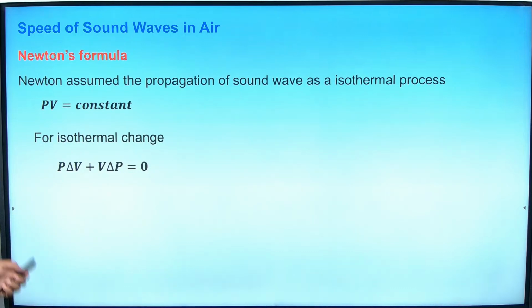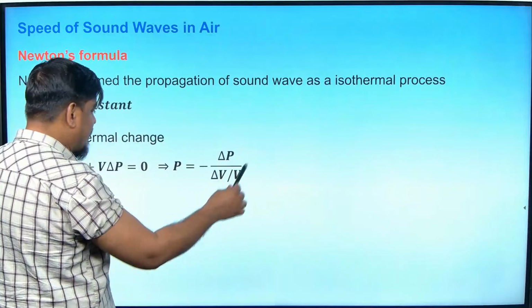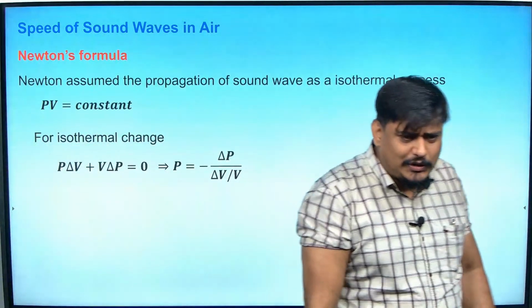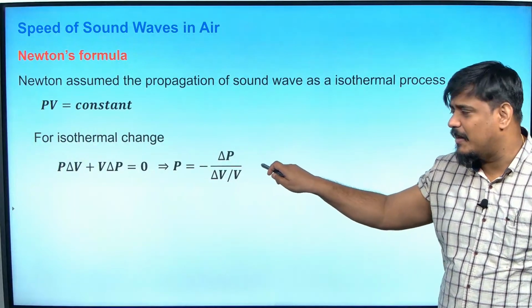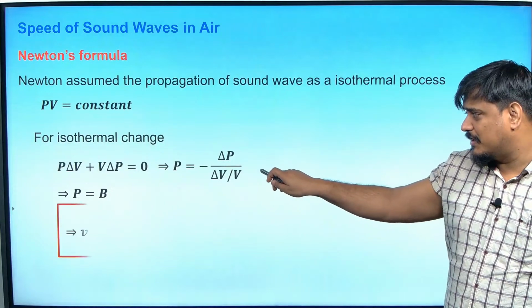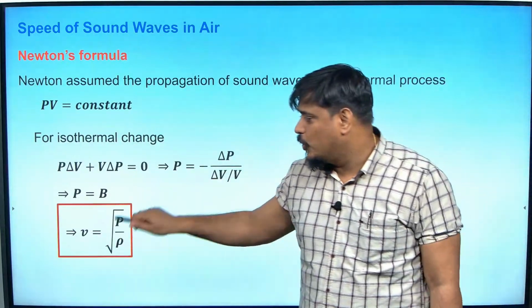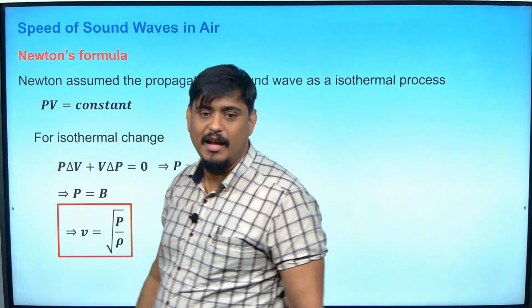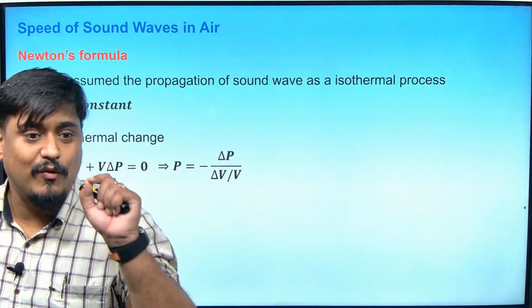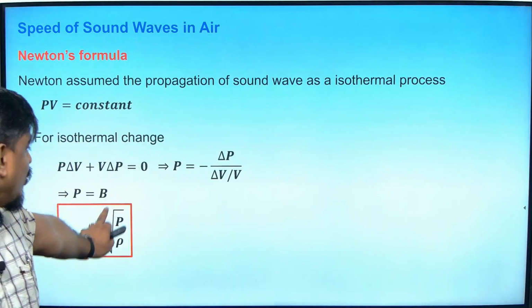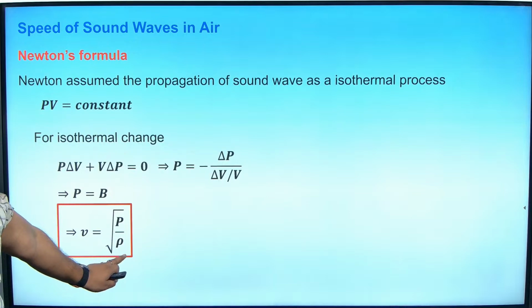From here, if I further solve, I will get P is equal to change in pressure by volumetric strain. Don't you think it became something like a bulk modulus? Can you feel that? If it becomes something like a bulk modulus, what Newton did, he replaced the bulk modulus with pressure and he wrote velocity of longitudinal wave is root over pressure by density.